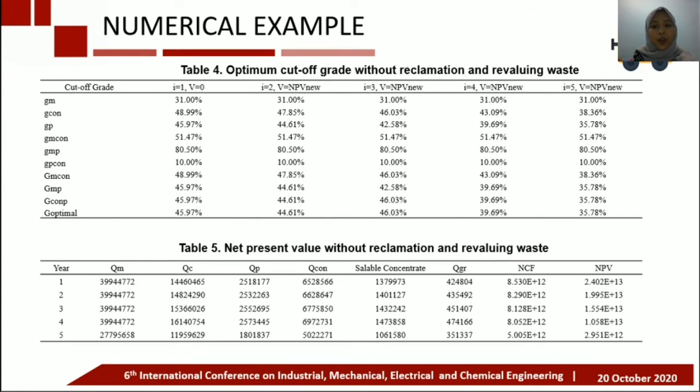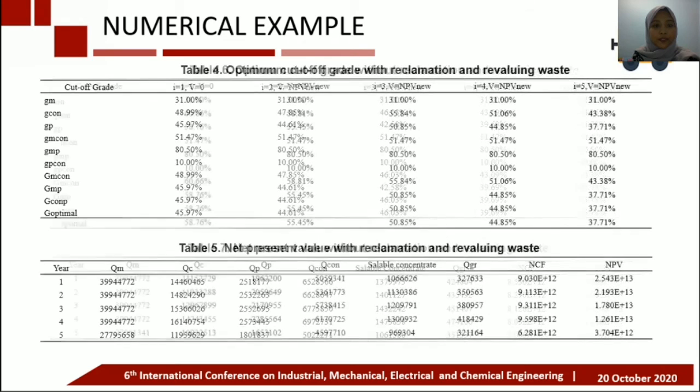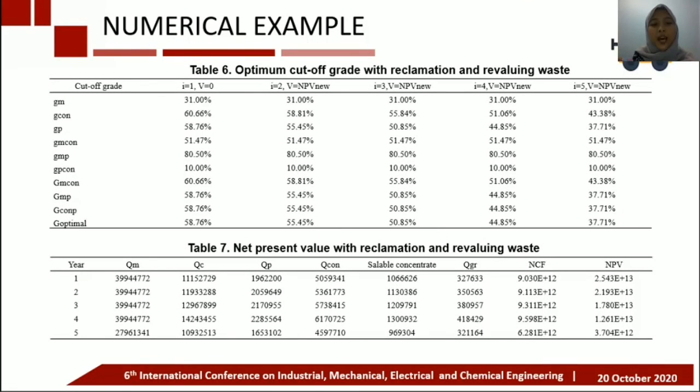The first is the optimum cut-off grade and NPV calculation without reclamation and revaluing waste. The results can be seen in Table 4 and Table 5. Second is the optimum cut-off grade and NPV calculation with reclamation and revaluing waste. The results are shown in Table 6 and Table 7.